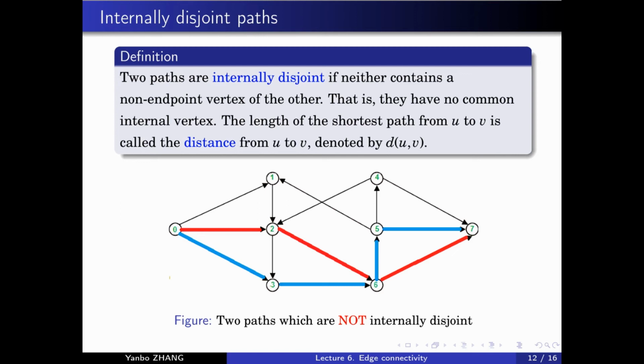The length of the shortest path from u to v is called the distance from u to v, denoted by d(u,v). So here, the distance between 0 and 7 is 3.